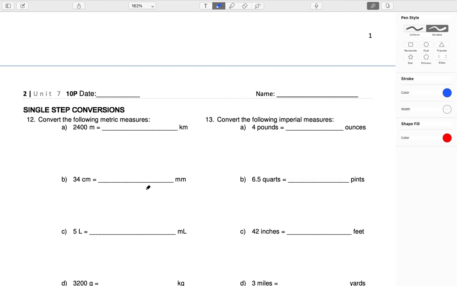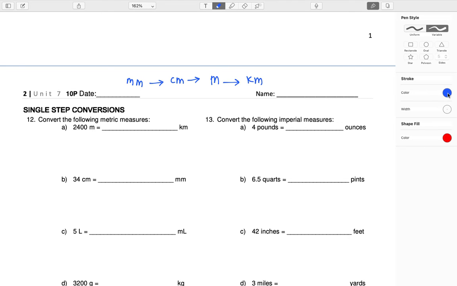So first of all, let's get comfortable knowing how to convert within the metric measure. So again, just a reminder, millimeter, centimeter, meter, and kilometer.